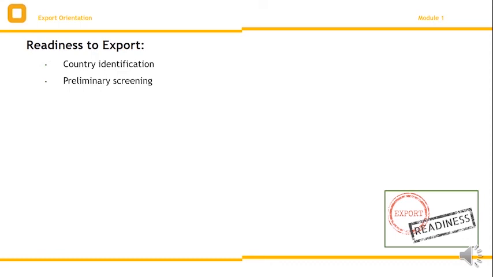Under preliminary screening, you are going to score the list of countries that you generated earlier. You're going to score each country based on macro factors. What are macro factors? The economic, political, social, technological, legal, and ecological environment.